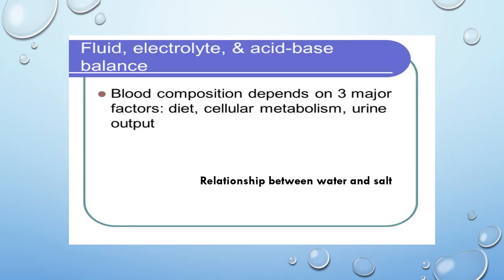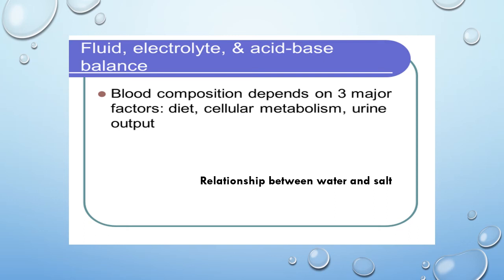What is important about the urinary system? How does it protect you? How does it take care of you? Well, first is fluid, electrolyte, and acid balance. Blood composition depends on three major factors: diet, cellular metabolism, and how much urine is pushed out.